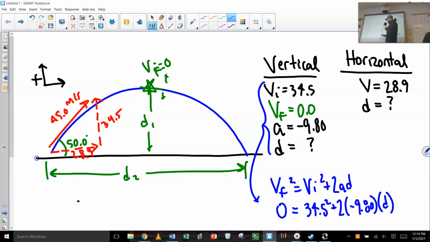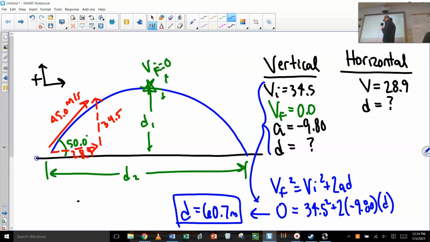So I can use all of these things to figure out the displacement, and that turns out to be 60.7. So that's how tall this thing goes. This thing goes 60.7 meters into the air.